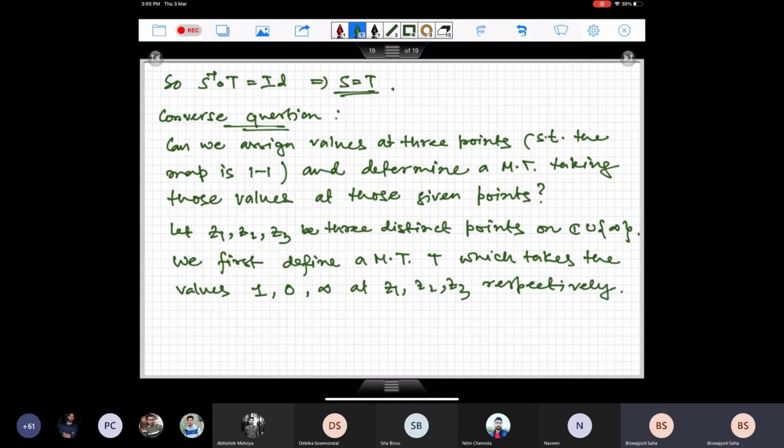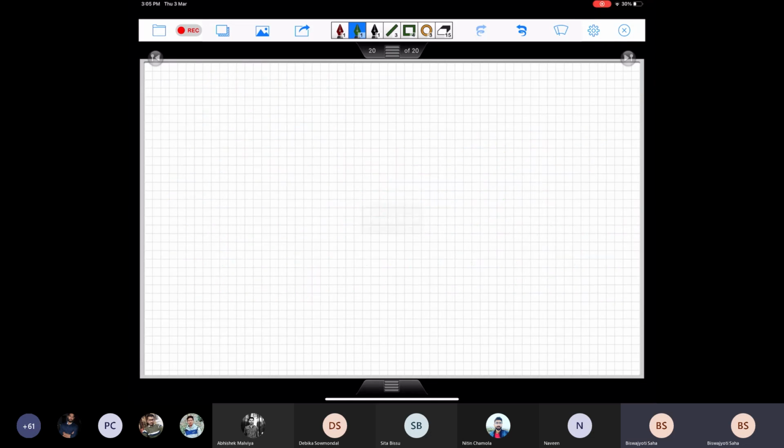So this is what I want to do first. Of course I don't have sufficient space here, so let me go to the next page. So set T of Z. I'm giving you an explicit construction. So this is going to be (Z minus Z2) divided by (Z minus Z3), divided by (Z1 minus Z2) divided by (Z1 minus Z3). So this one is very natural.